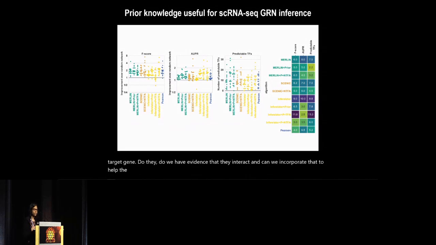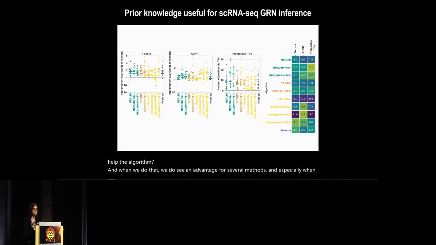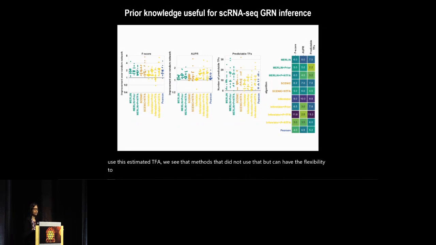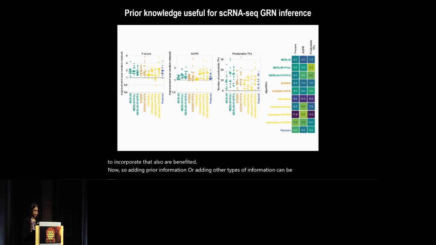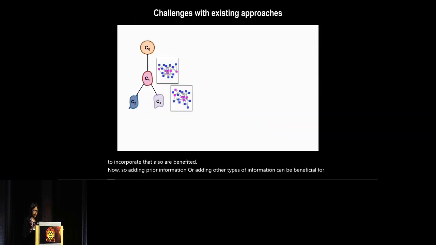And when we do that, we do see an advantage for several methods, and especially when we use this estimated TFA, we see that methods that didn't use that but have the flexibility to incorporate that also benefit. So adding prior information or adding other types of information can be beneficial for inferring gene regulatory networks.